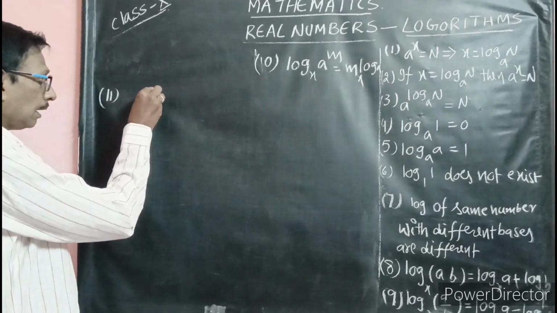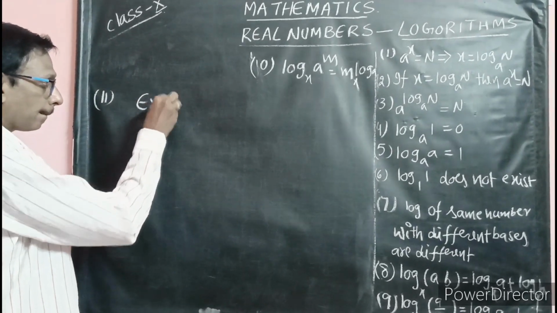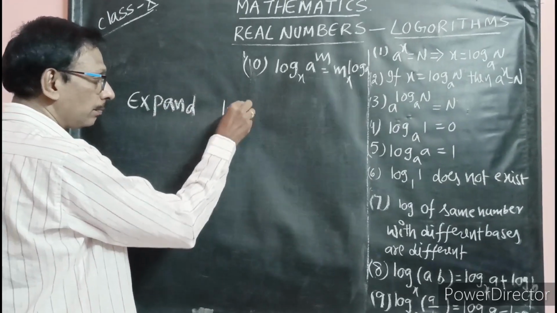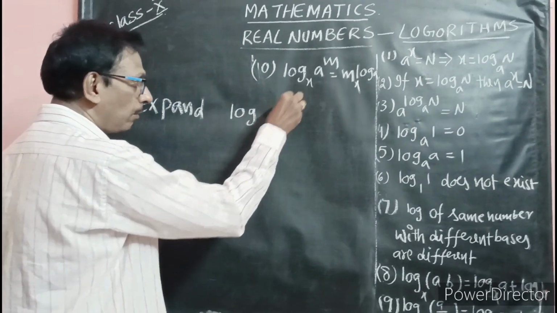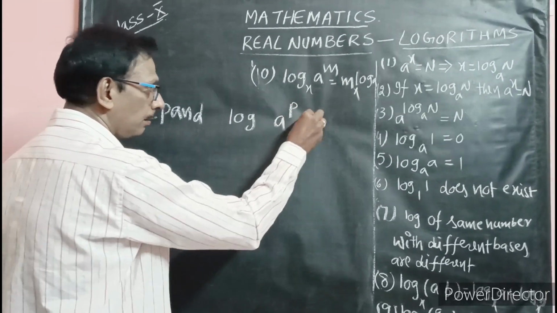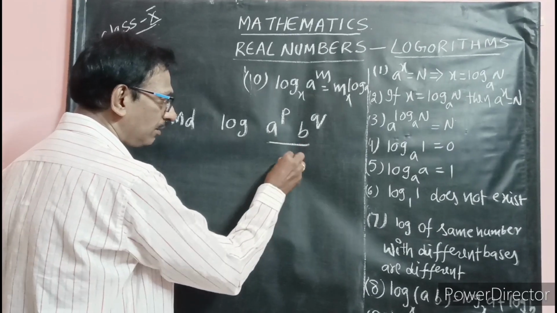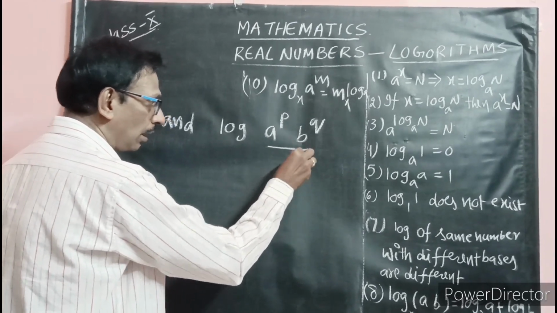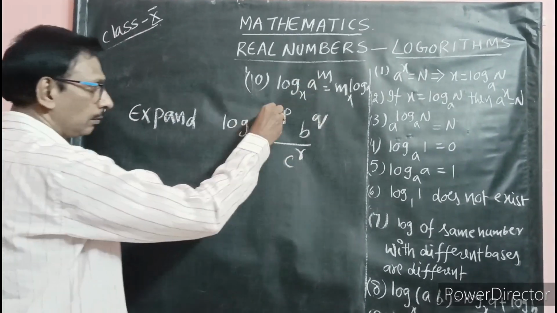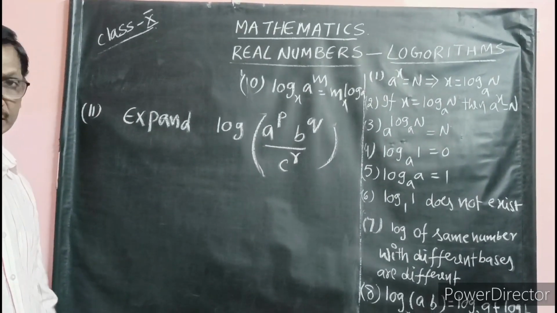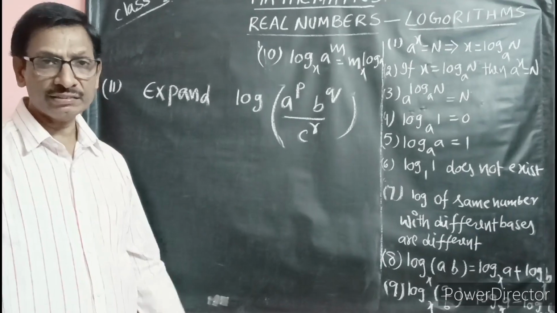Suppose expand log a to the power of p, b to the power of q by c to the power of r. There is no base, you consider that 10 base, otherwise x base.